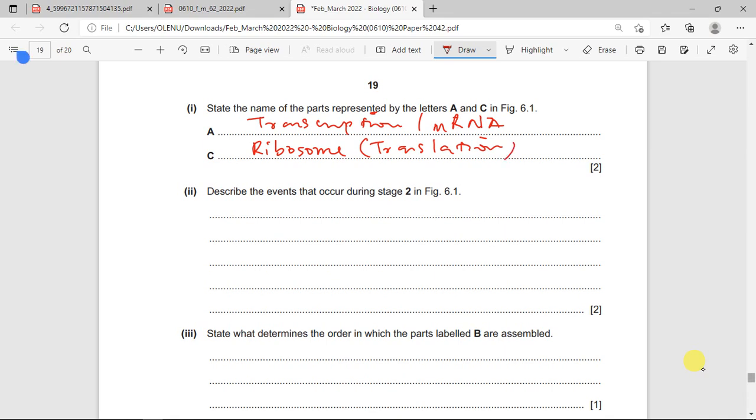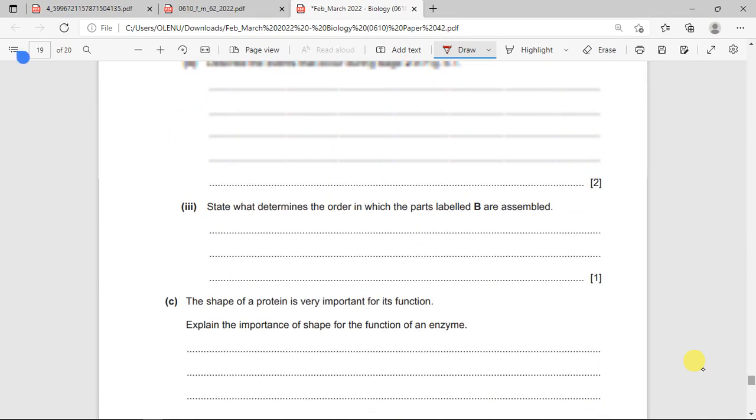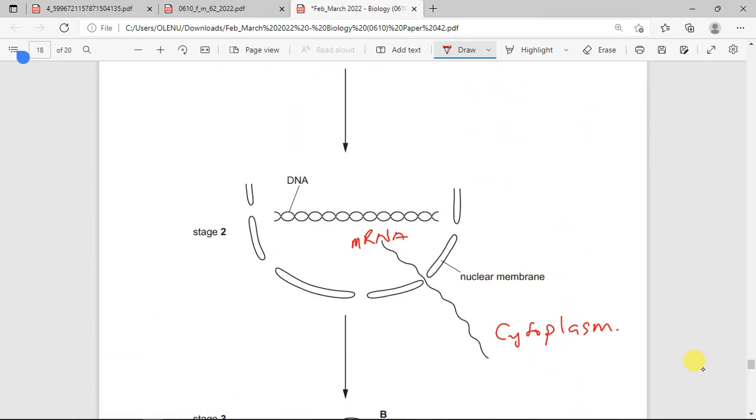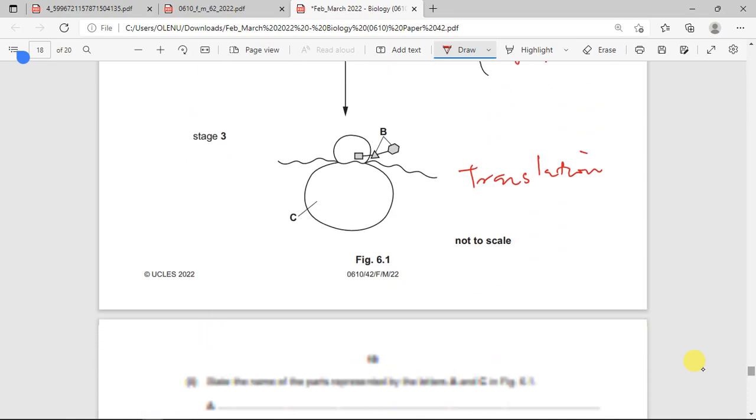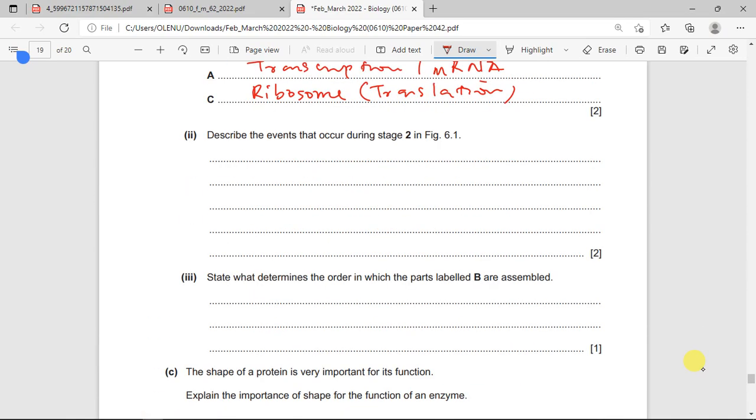Describe the events that occur during stage 2. Stage 2 is when the code for making a particular protein in the form of mRNA is moving out of the nucleus into the cytoplasm. So you find out that what is happening is that the DNA is transcribed into mRNA in the nucleus.